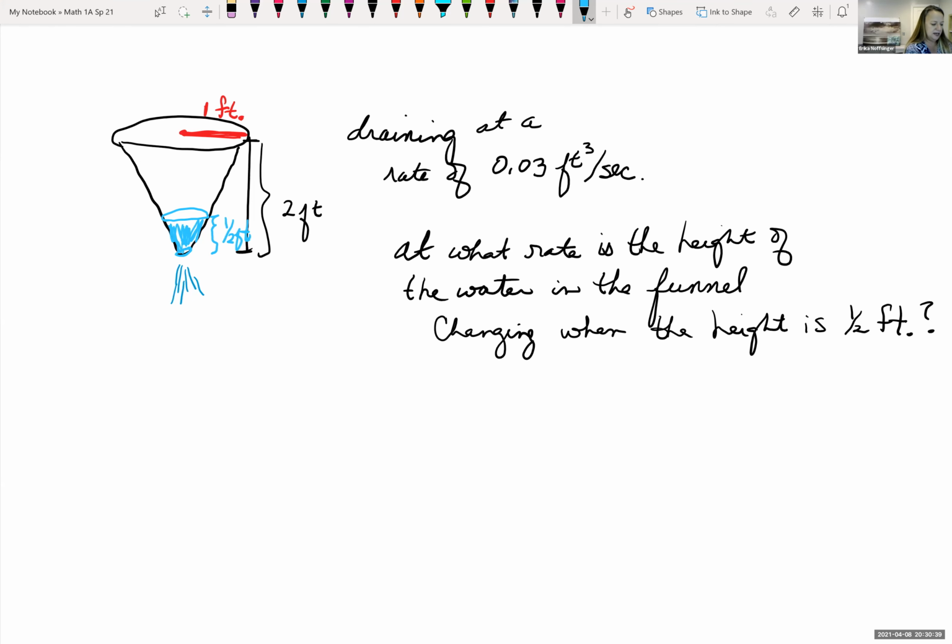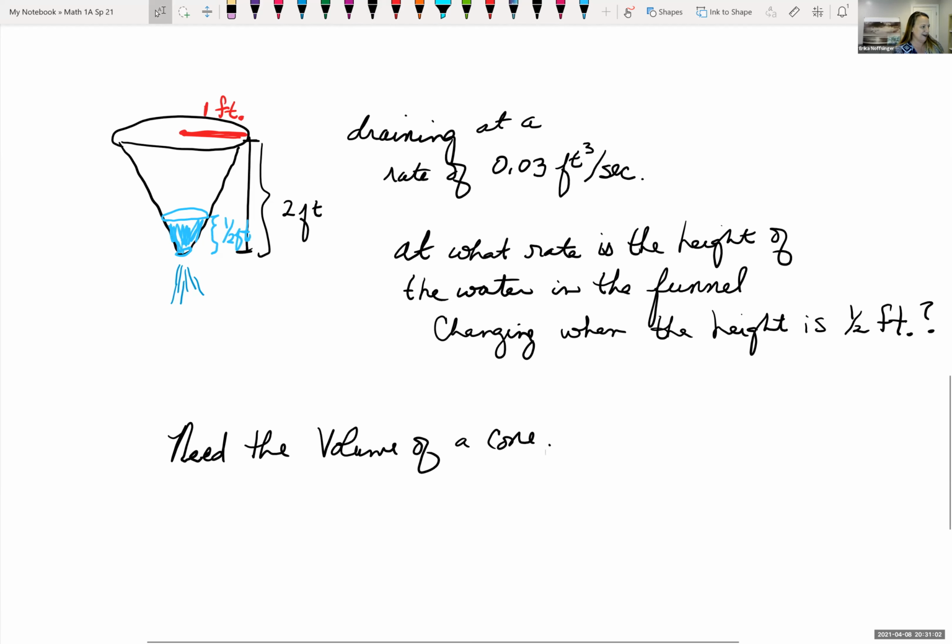So a couple of things that we need to know. We need to know what the volume of a cone is. Okay, I don't know what that is. I just have to pull that up, which I have right here.